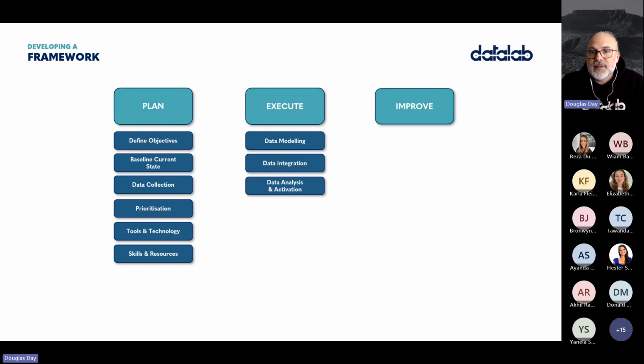Data activation, though, is slightly more interesting. This is really around how you take that data and implement it in strategies that actually instigate change within the organization. A great example of this would be what's called reverse ETL, where you're pushing data from a data warehouse back into a line of business application so that you can actually use it in the operation.